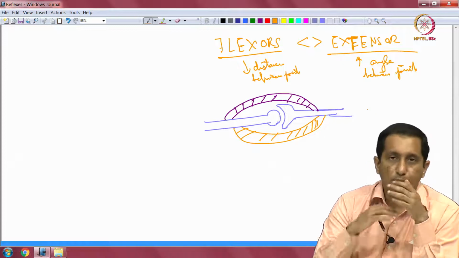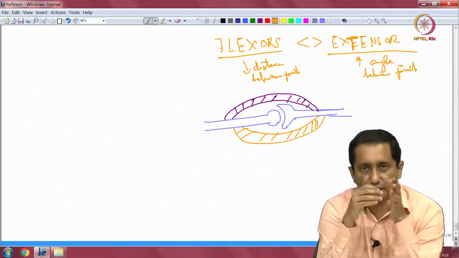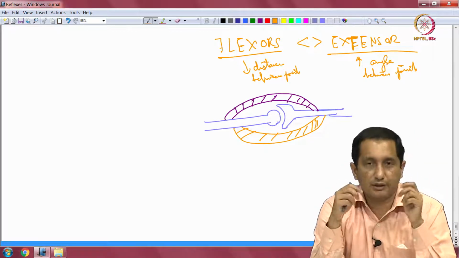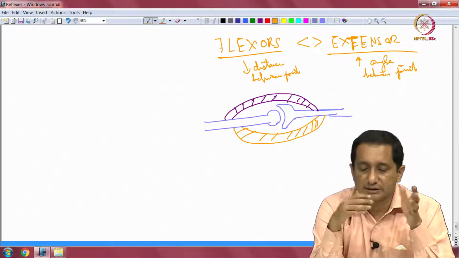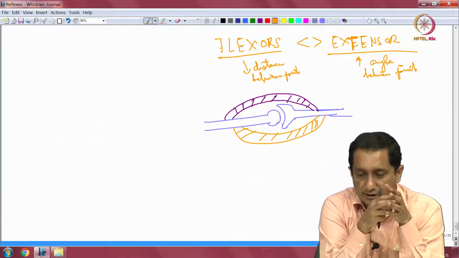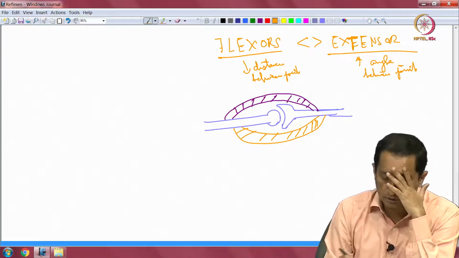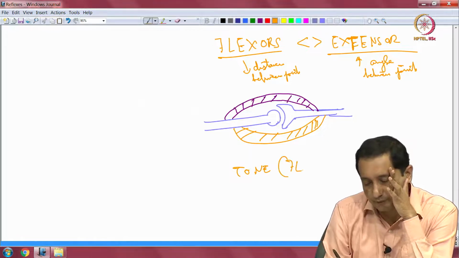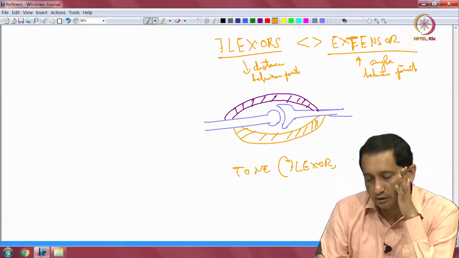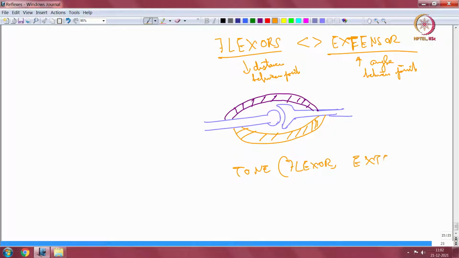So, these are opposing groups of muscle. We look next at the kind of dynamics which are necessary for the control of this system. Now, remember that tone is there for both flexors and extensors.